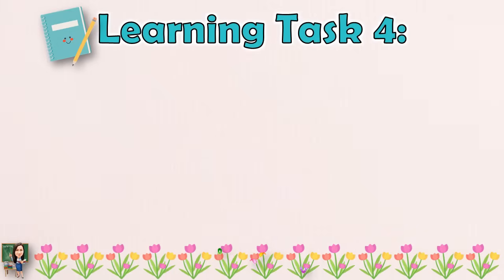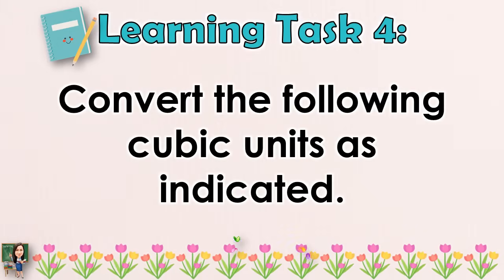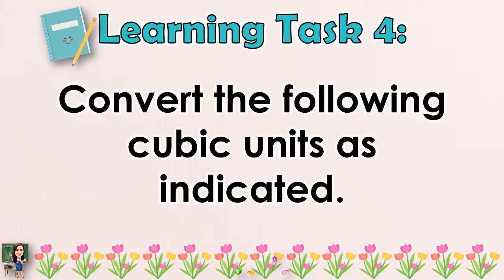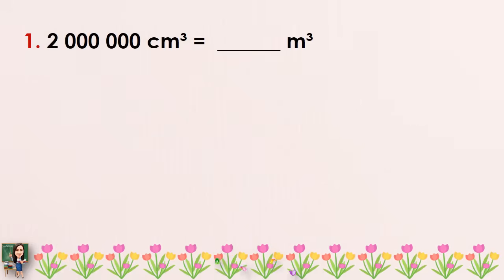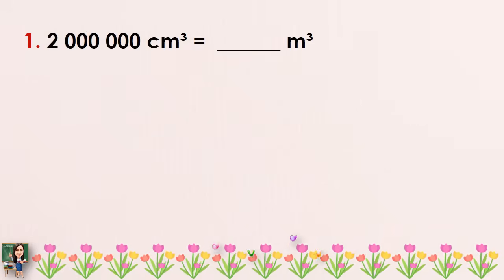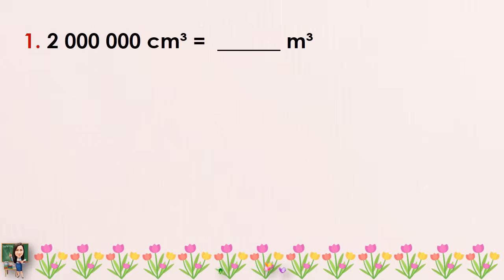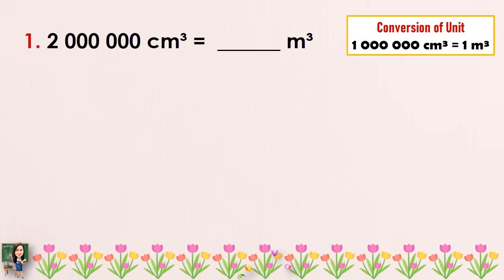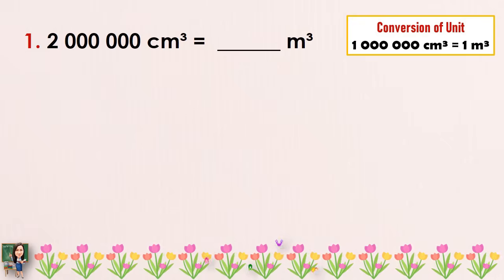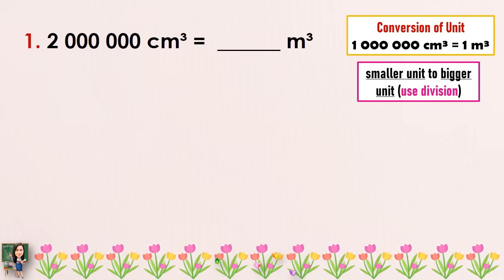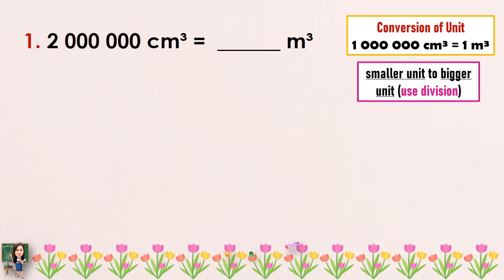For learning task 4, convert the following cubic units as indicated. 2 million cubic centimeter is equals to how many cubic meters? So remember, in every 1 million cubic centimeter, there is 1 cubic meter. To convert smaller unit to bigger unit, use division.